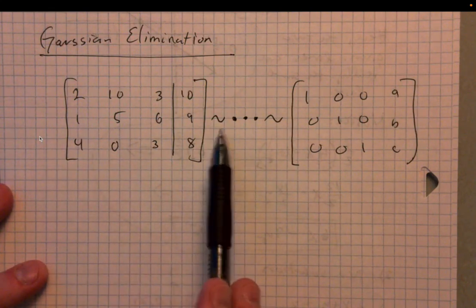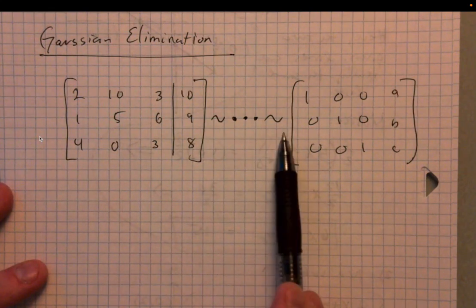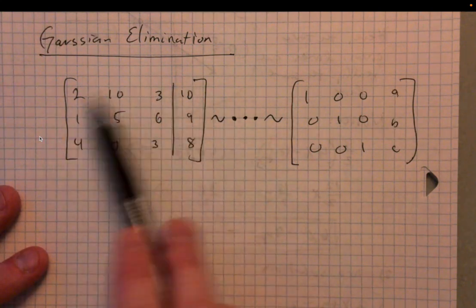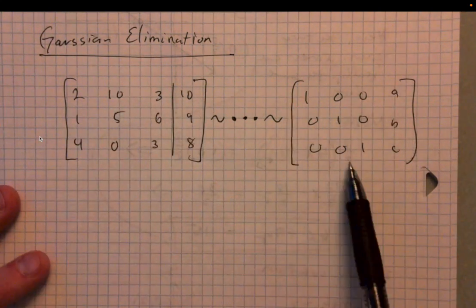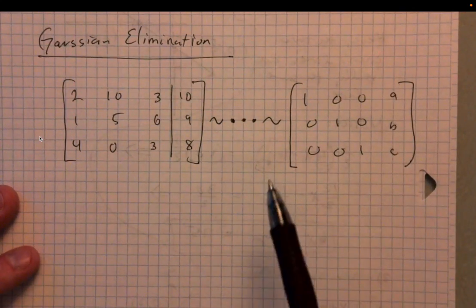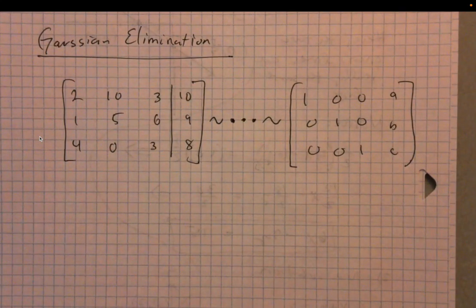Then you're going to do some things to it, and what those things are we'll get into in great detail, until the augmented matrix looks a particular way. Once it looks a particular way, you'll be able to more or less read off the solution to the system. It's similar to what you're used to doing when solving algebraic equations.